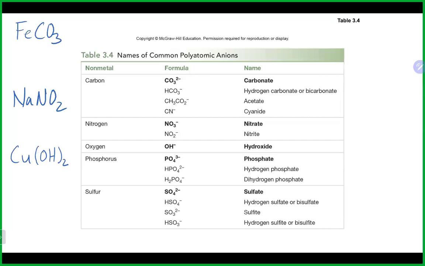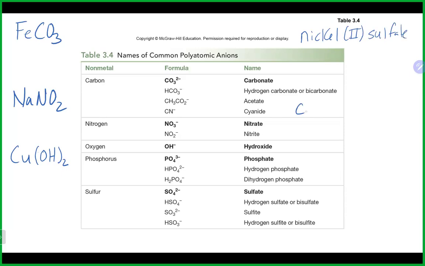And why don't you write the formula for nickel(II) sulfate?